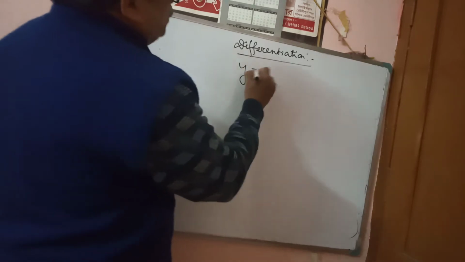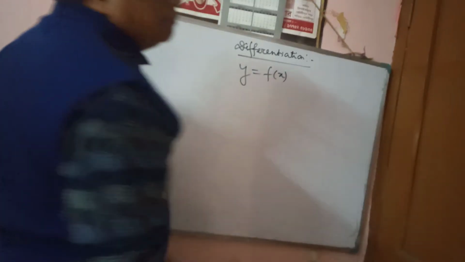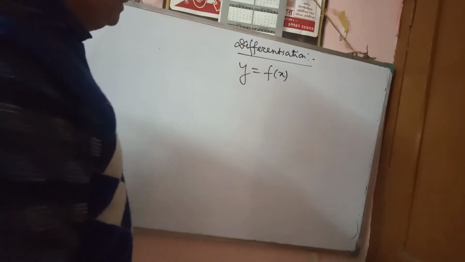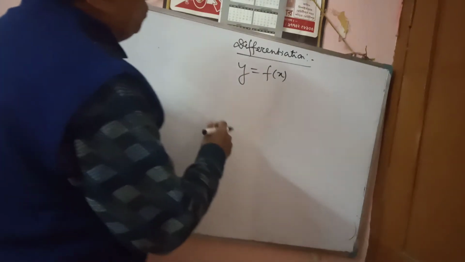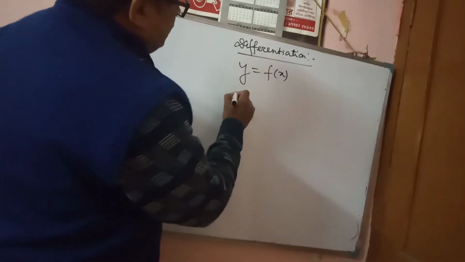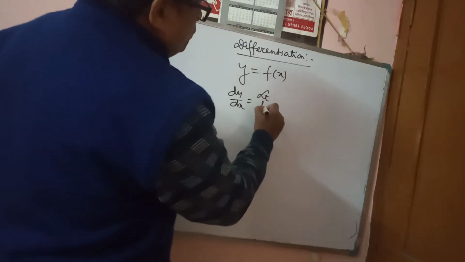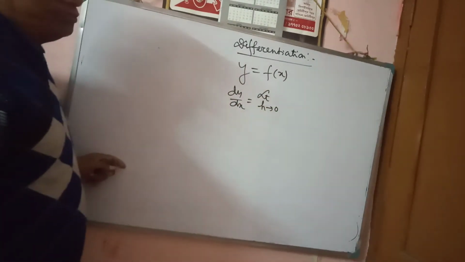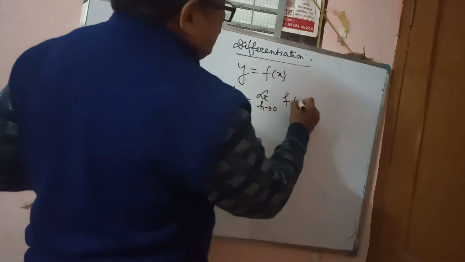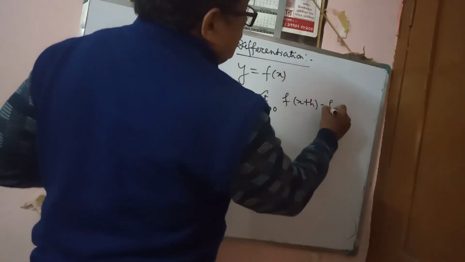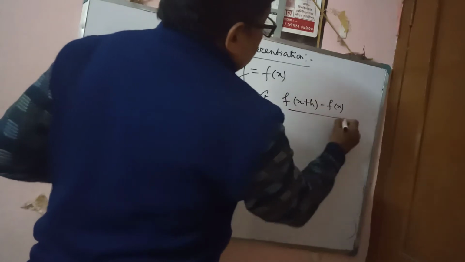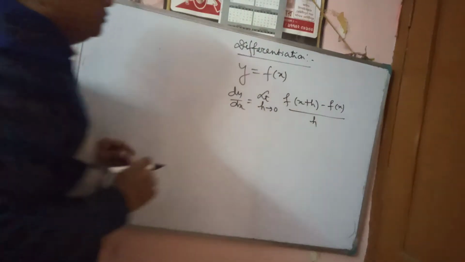Differentiation. Suppose y equal to f of x is given, a real-valued function, then we can write dy/dx equal to limit h tends to 0, f of x plus h minus f of x, divided by h.